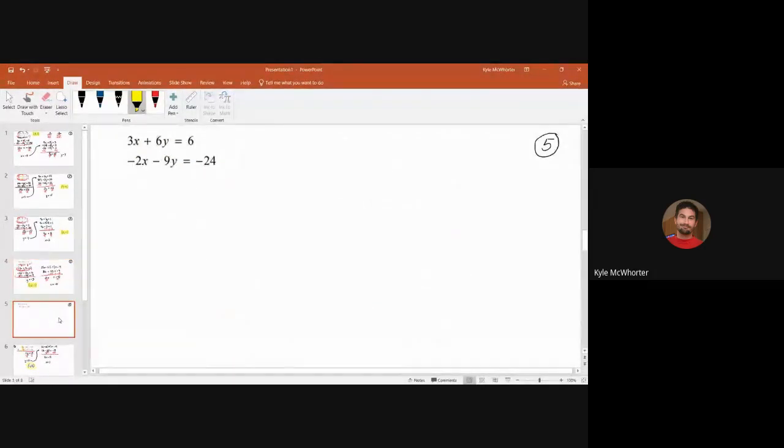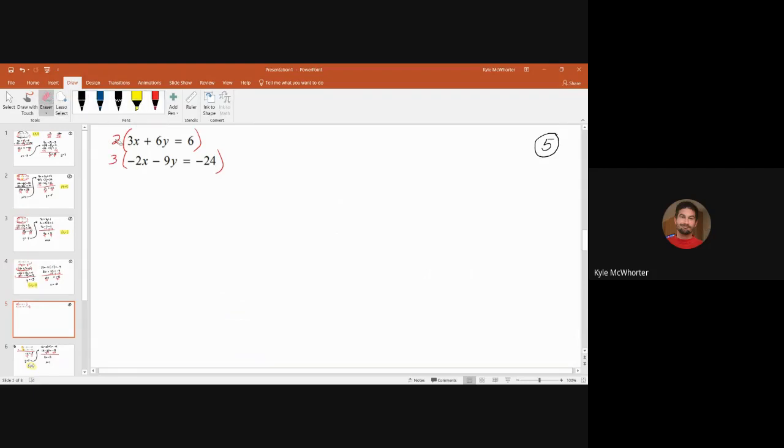And then last but not least, let's see here. I could, right now, eliminate x by multiplying the top by 2 and the bottom by 3.